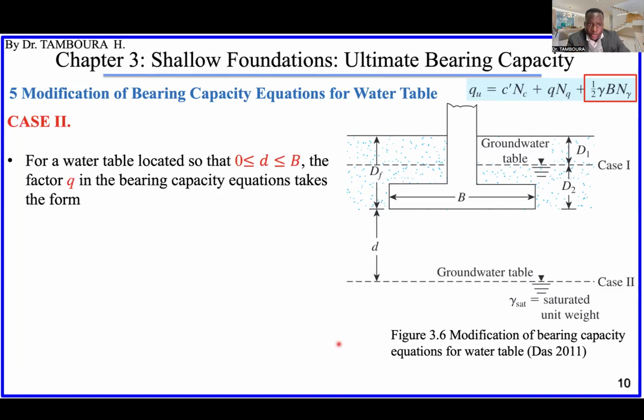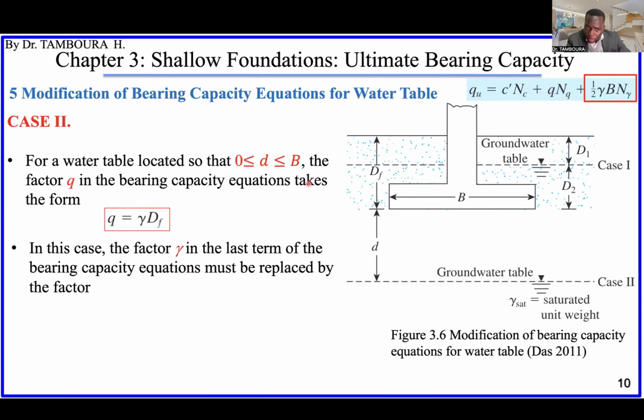The second case is when the water level is below the foundation level, but not too much below. It's below, but still close to the foundation level, and the distance is less or equal to B, the foundation width. That means in that case, the only modification you need is this one, because this Q here is the same as the previous equation.